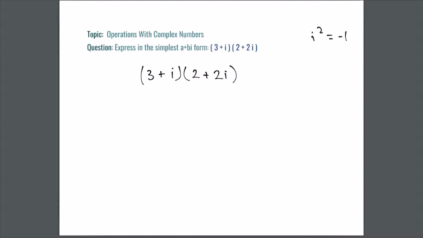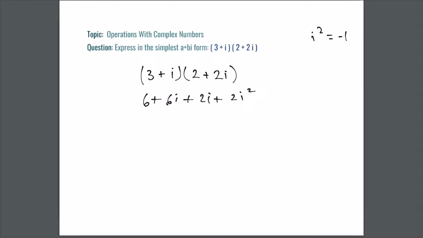3 plus i times 2 plus 2i. Here we're going to distribute 3 plus i to 2 plus 2i. So 3 times 2 is 6, plus 3 times 2i is 6i. i times 2 is 2i. And i times 2i is 2i squared.